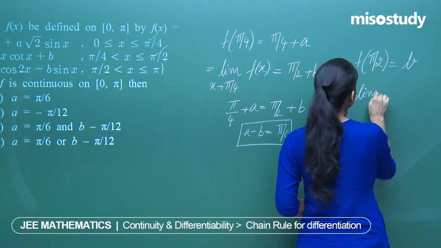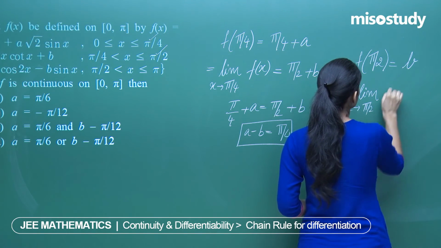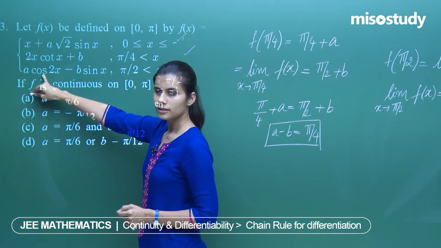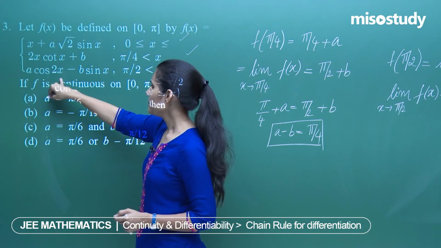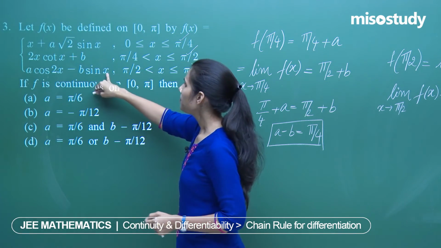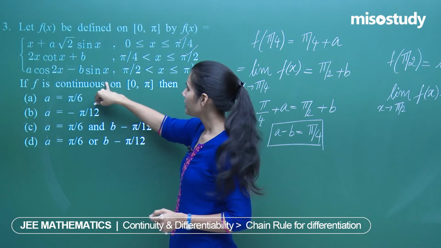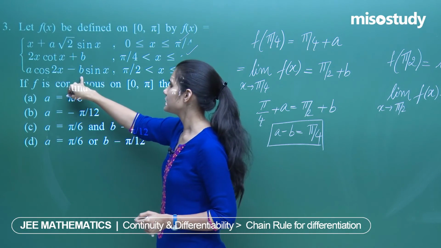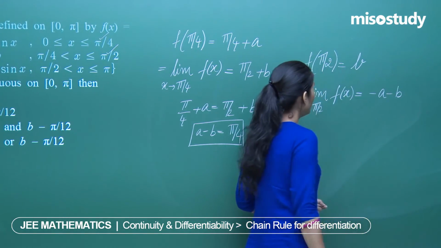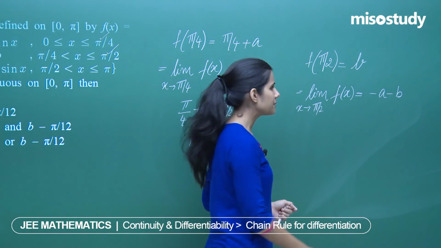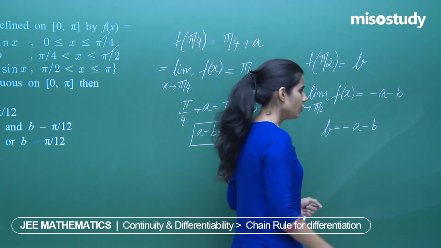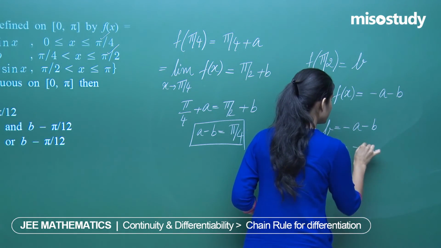And if I talk about the limit as x tends to π/2 of f(x), it is actually this: a cos 2(π/2), so it is a cos π, which is −1, so this is −a, and sin π/2 is 1, so this is −b, so −a − b. Again, both of these are equal because the function is continuous at π/2, so you are getting b = −a − b, or 2b is −a.